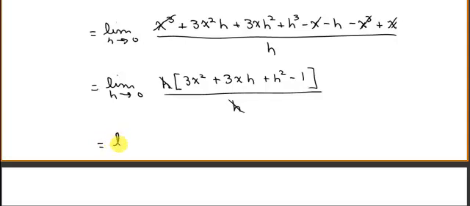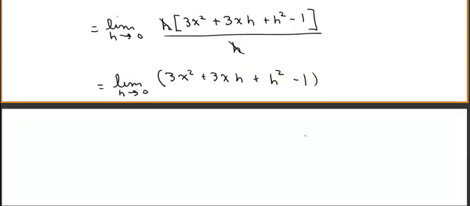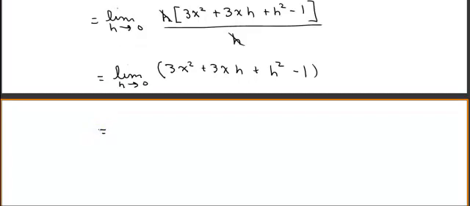And so we're left now with the limit as h approaches 0 of 3x squared plus 3xh plus h squared minus 1. And this is a continuous function, so the limit, we would just be able to evaluate this where the h is 0.